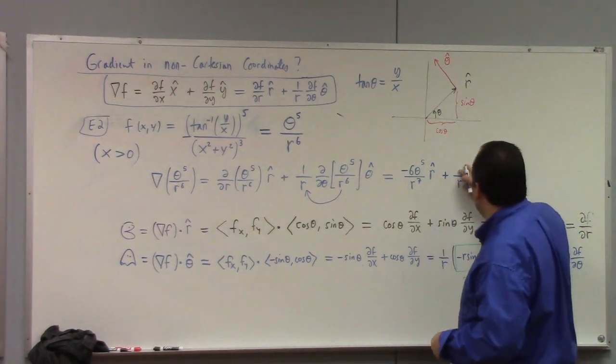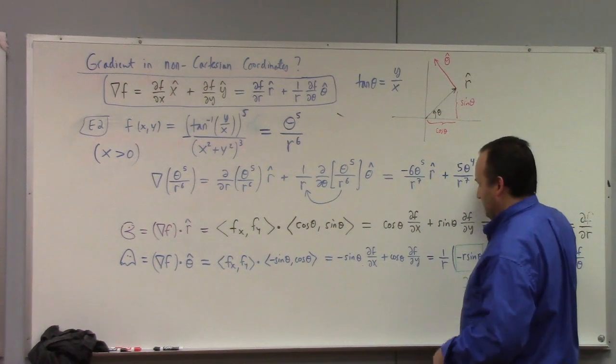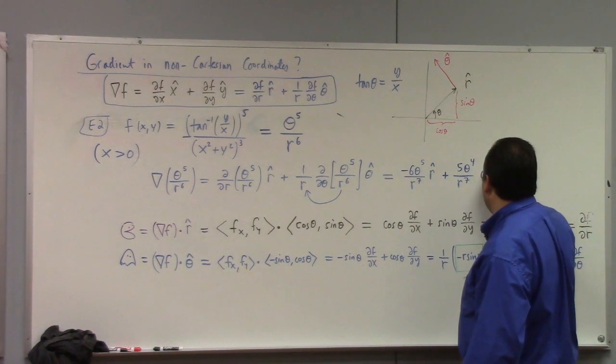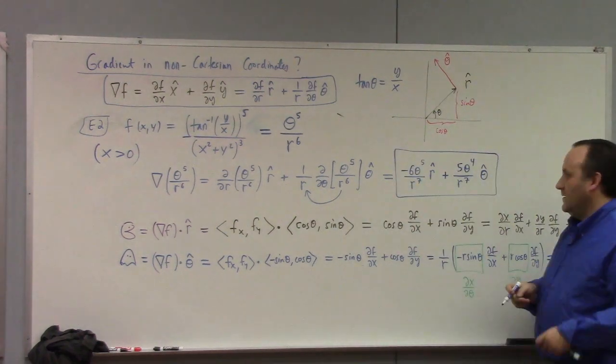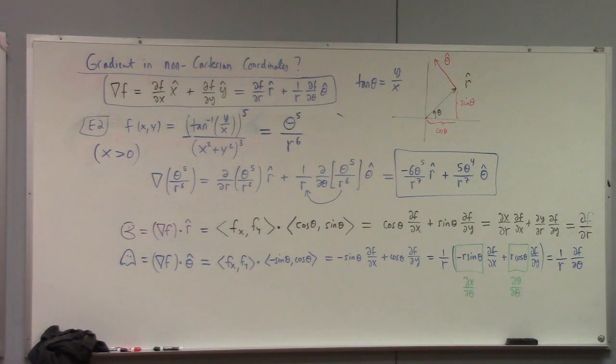It's 5 theta to the 4th, times theta hat. And there you go. That is the gradient. I mean, it's still ugly because this is an ugly problem, but don't you think that's a better way to differentiate that than, say, using x, y coordinates? I mean, I think so.